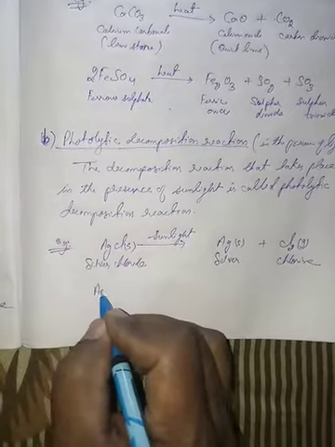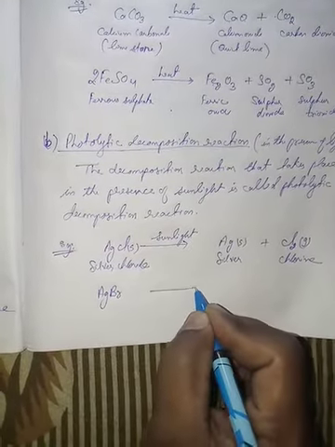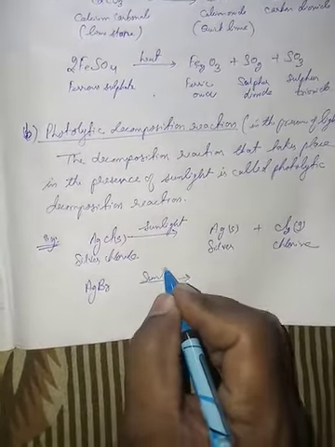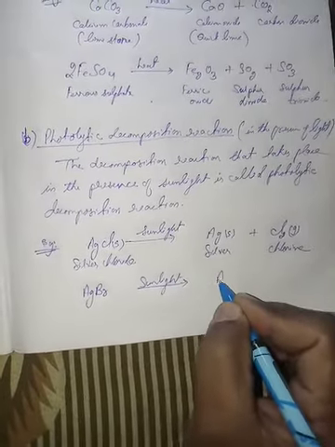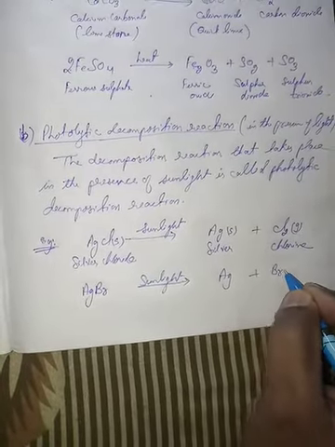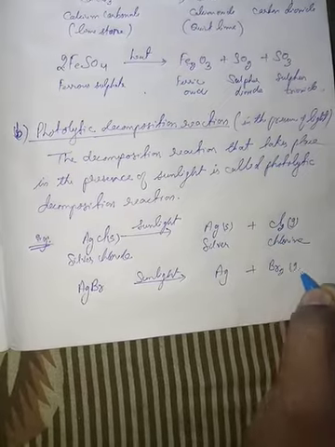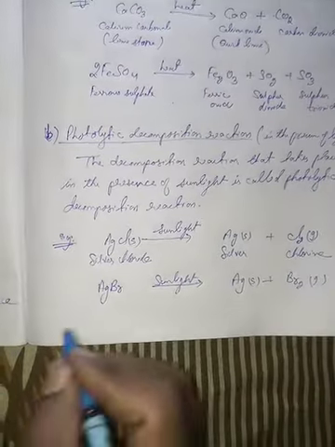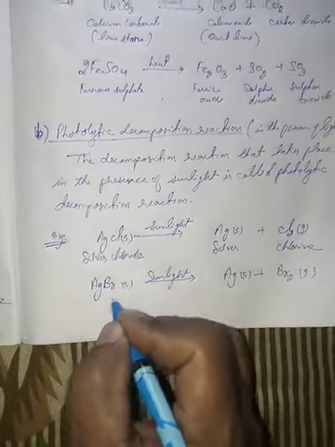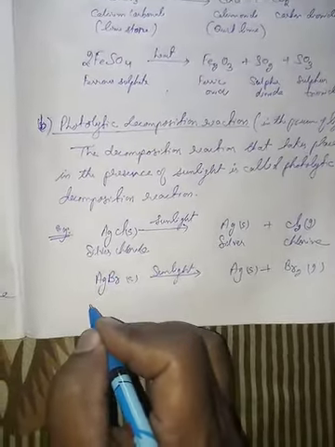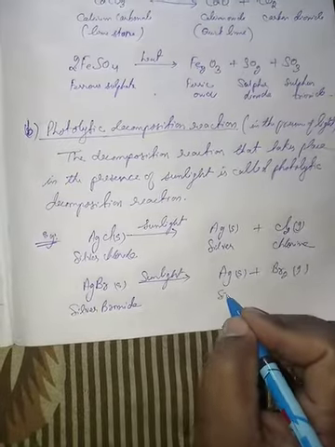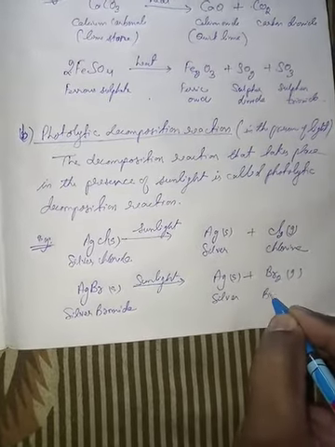Similarly, silver bromide, AgBr, when kept in sunlight, decomposes to again form silver solid and bromine gas.